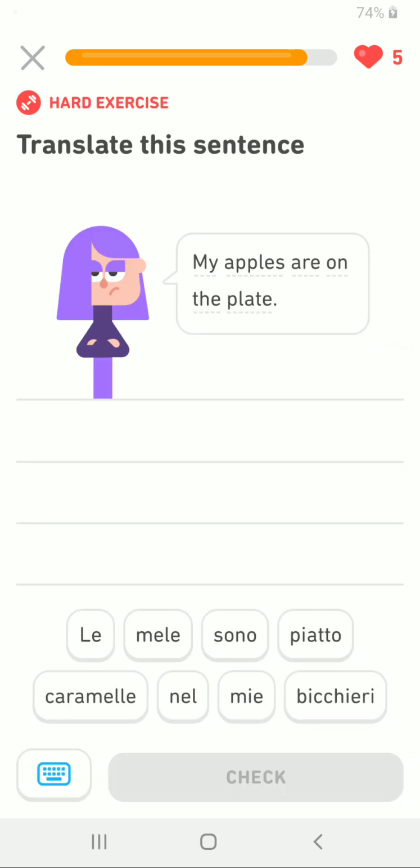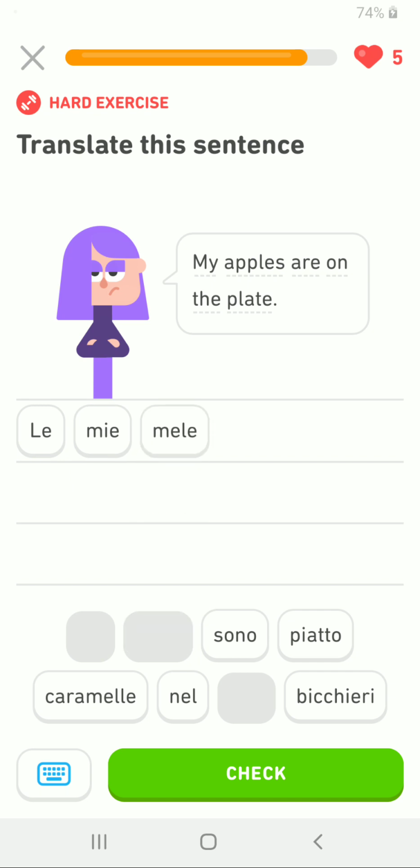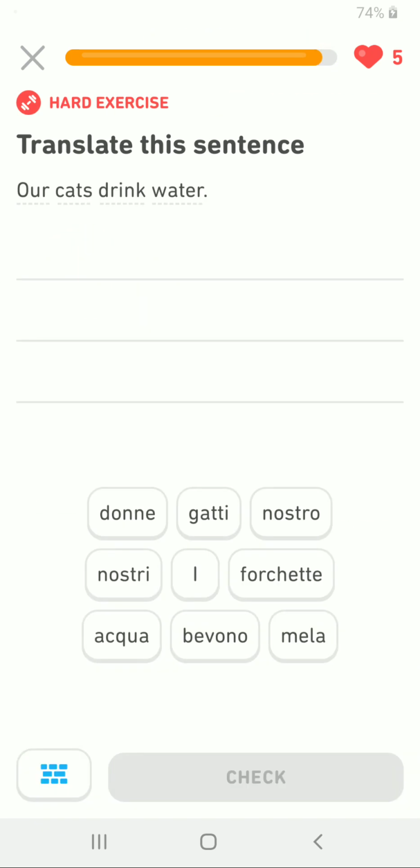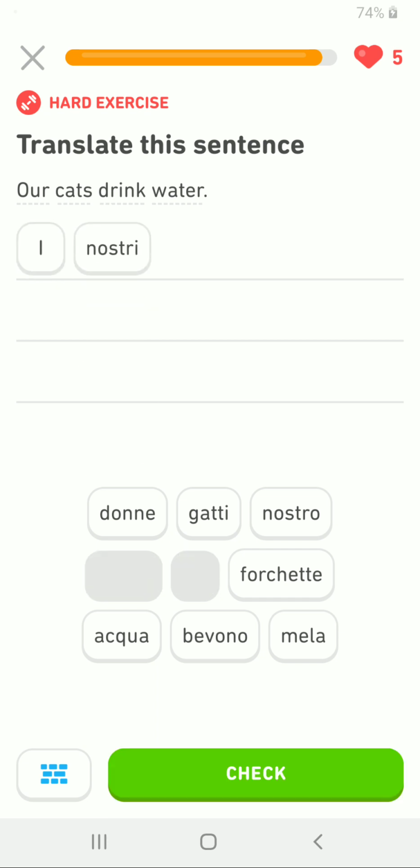My apples, le mie mele. La mela, le mele. So la mia, le mie. So le mie mele sono nel piatto. Good. And our cats drink water. So how is it? Our cat. I nostri, because it's plural.